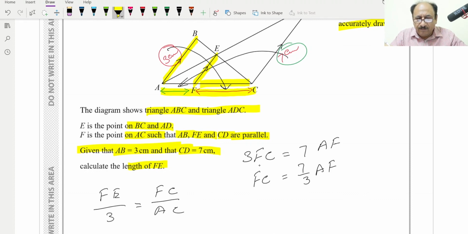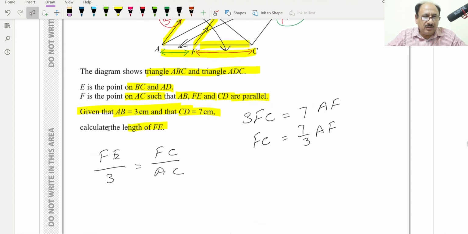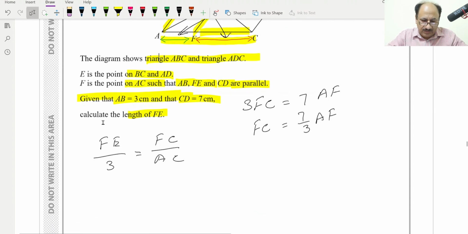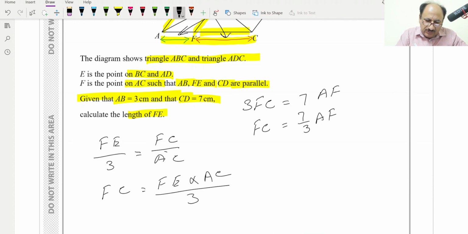Basically this is by similarity of these two triangles that we have written this equation. Now from here we can write FC is equal to FE multiplied by AC divided by 3. I have just shifted this AC to the other side, nothing else done. So this equation changed its format.